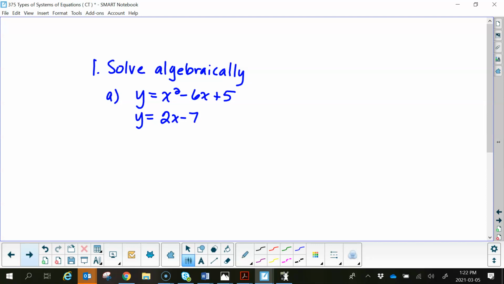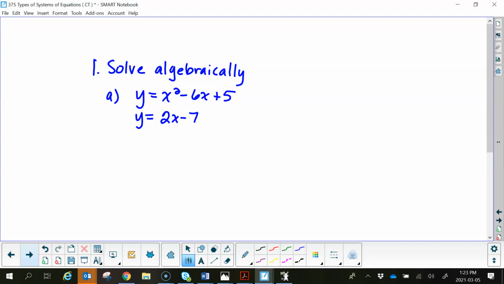So, solving algebraically, elimination or substitution. If you try to eliminate, that's totally fine, but you're not going to eliminate the x term, because you'd still be left with y and x squared. The only way you eliminate, if it's a linear quadratic or a quadratic quadratic, is to eliminate the y.